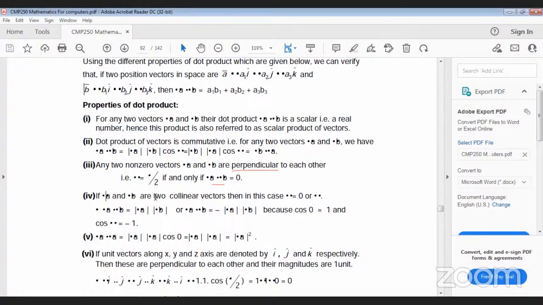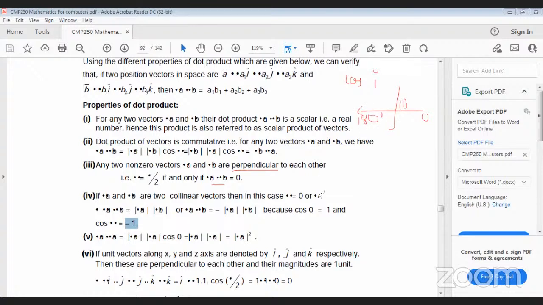And if A and B are two collinear vectors, then cos theta is either 1 or -1. Cos 0 is 1, but when do I get the value -1? For 180 degrees.